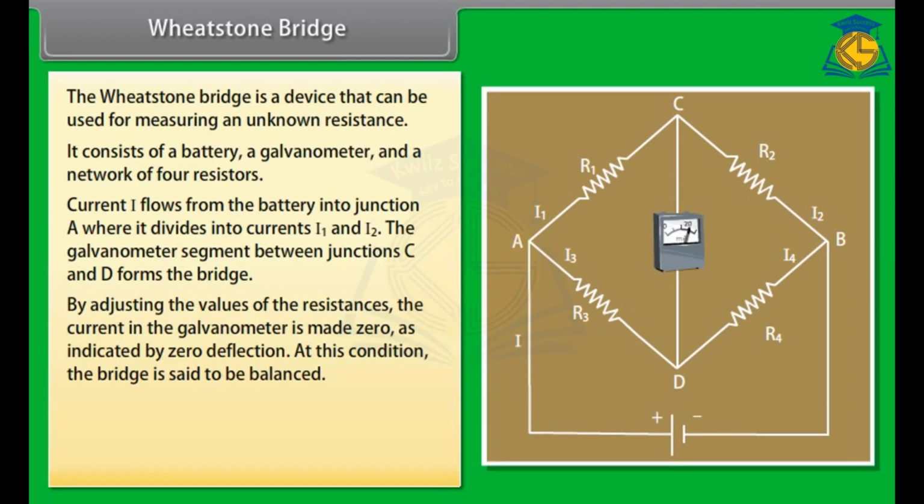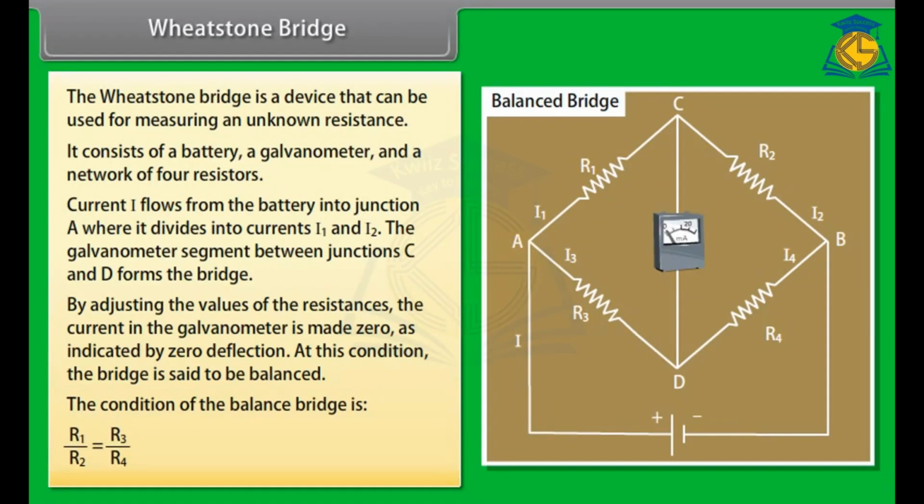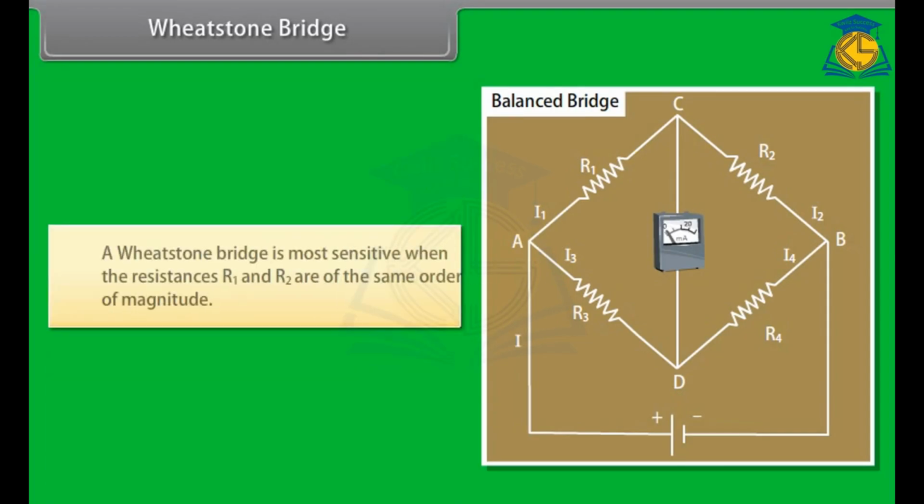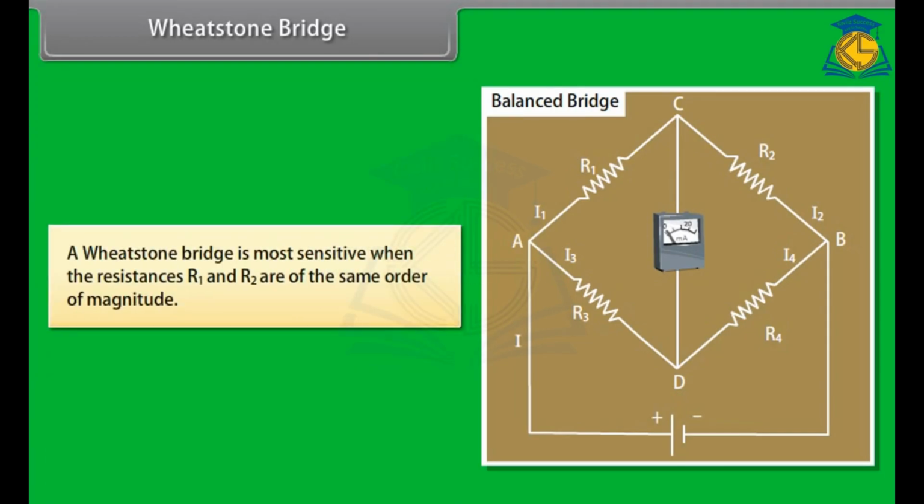By adjusting the values of the resistances, the current in the galvanometer is made zero, as indicated by zero deflection. At this condition, the bridge is said to be balanced. The condition of the balanced bridge is R1/R2 = R3/R4. A Wheatstone bridge is most sensitive when the resistances R1 and R2 are of the same order of magnitude.